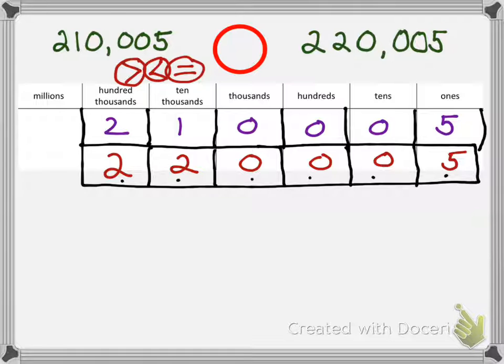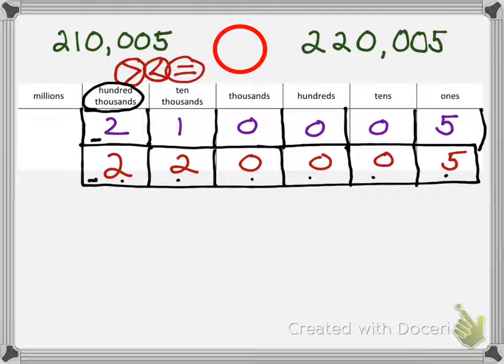So we look at the first column, the largest column, which is the hundred thousands. And we see that this number has two copies of the 100,000s, and this number has two copies of the 100,000s. So right now, this number is tied. They're equal so far because their 100,000s have the same digit in it.